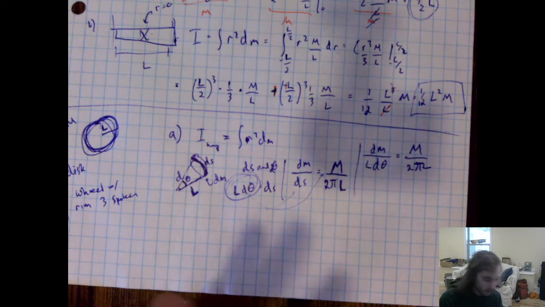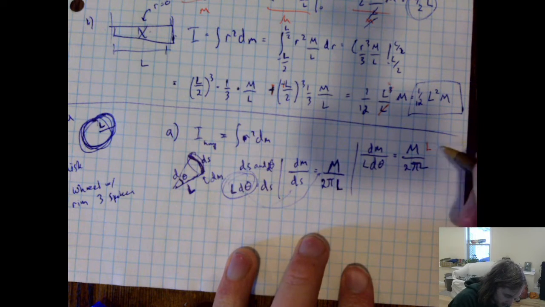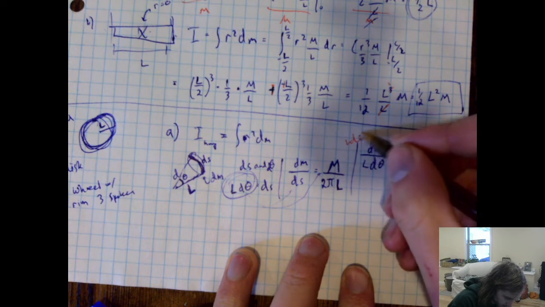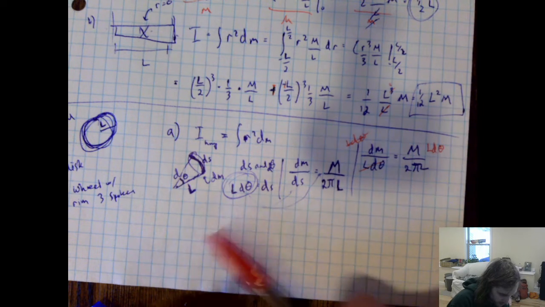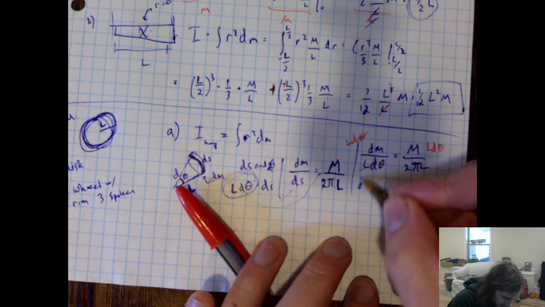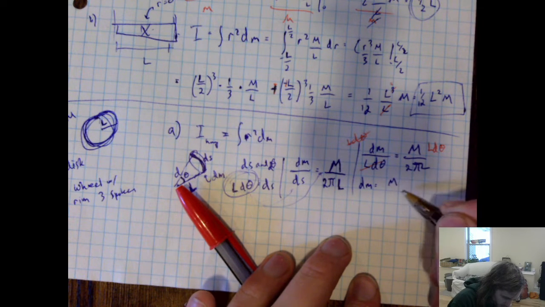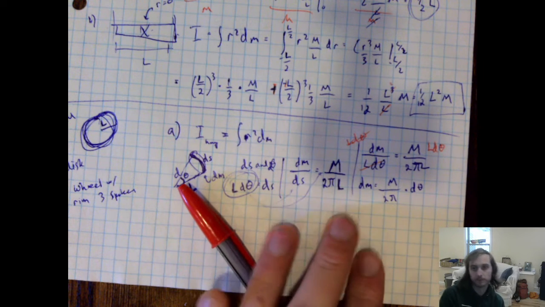Doing our integral, we need to multiply each side by L d theta. And that'll get us that dm is going to be equal to our total mass divided by 2 pi times d theta.